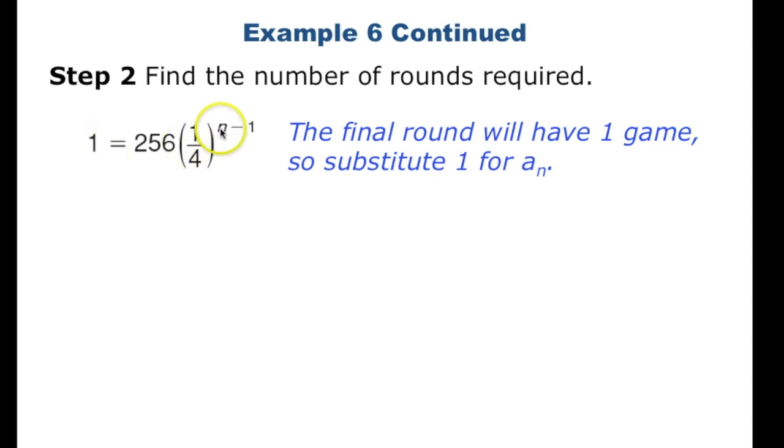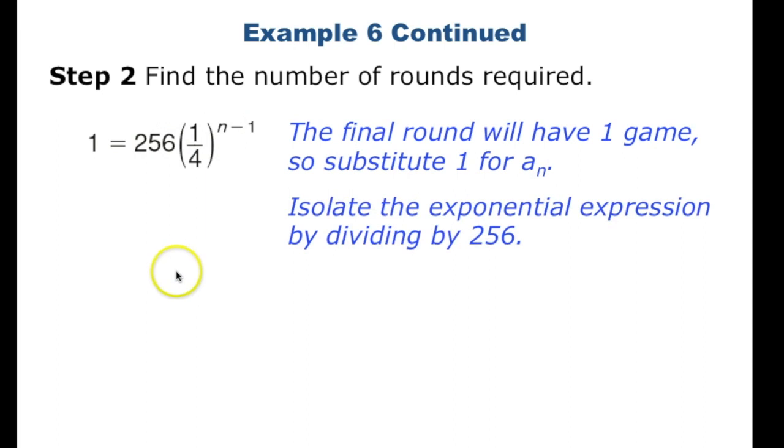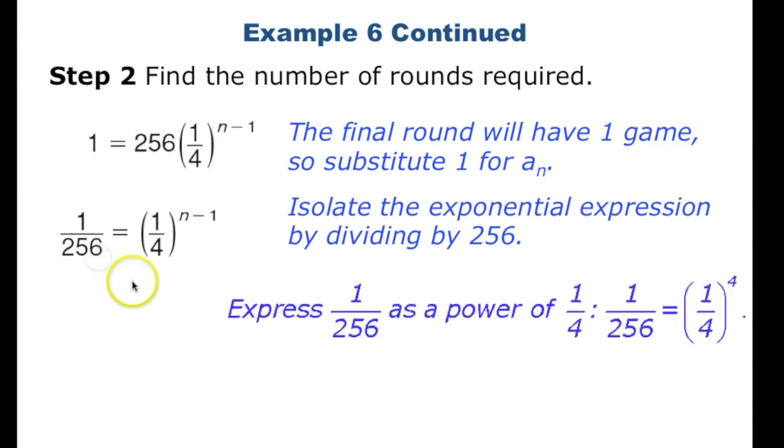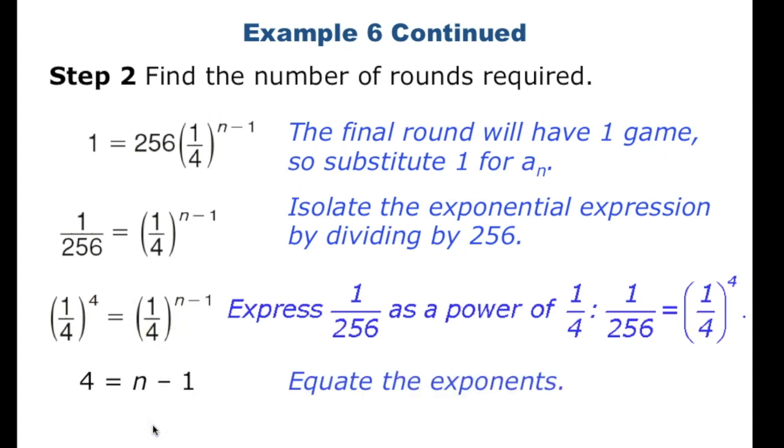How many games must be played? So we notice here that 1 over 256 can be put in a base 4, 1/4 to the 4th, and since the bases are equal, you set the exponents equal to each other. This was an old exponent rule from a logarithm chapter. Add 1 to both sides, and n is 5.